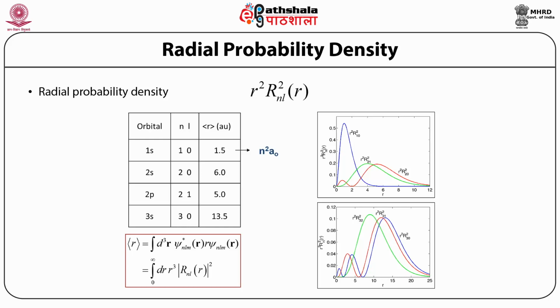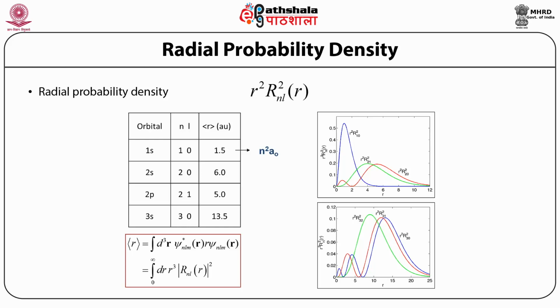Here, as you can see from this table, for a particular orbital we have a set of n and l quantum numbers, and correspondingly the value of the mean radius in arbitrary units, that is r, which is nothing but n squared a naught.